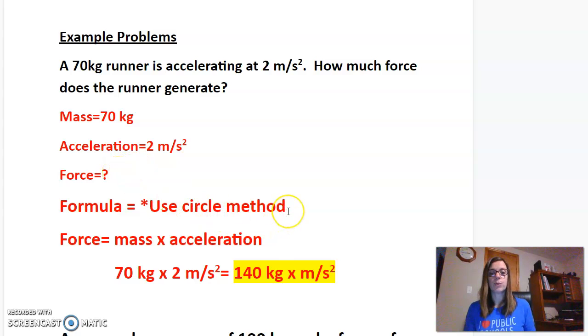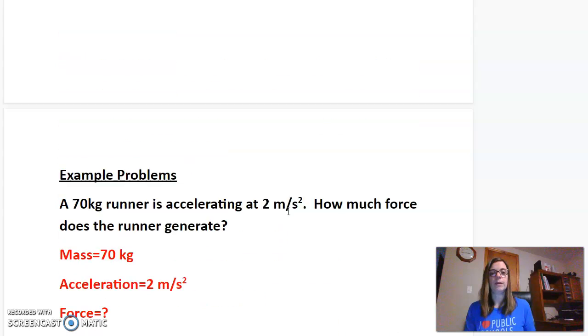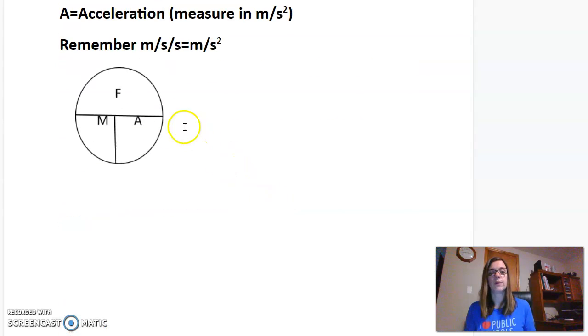Now, if we go up to our circle and use the circle method, if we need to find force, we cover that up in the circle, and that would have us multiplying these two things together because the letters are side by side. So you would take mass times acceleration to figure out force.